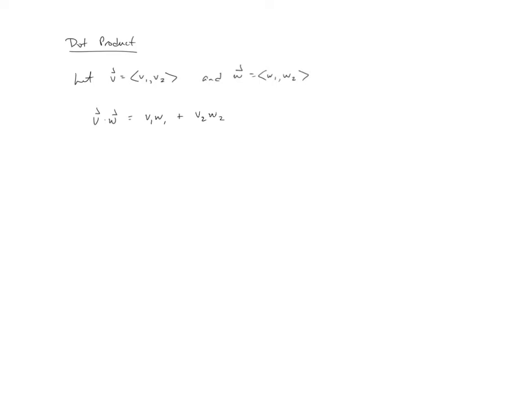So that is the dot product of v and w in this case. And as I mentioned before, one of the biggest takeaways is that the result of a dot product, if you look carefully, is not a vector, it is a scalar. This will be just a constant that is a result of the dot product.